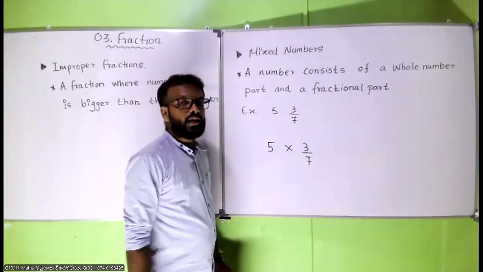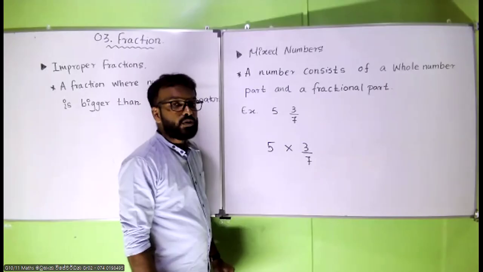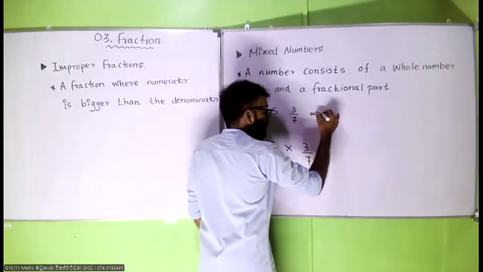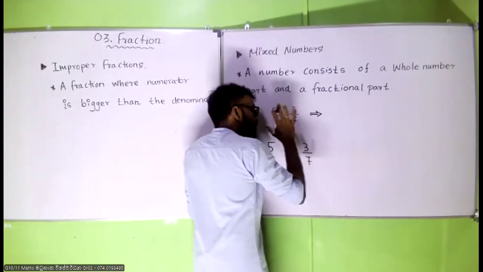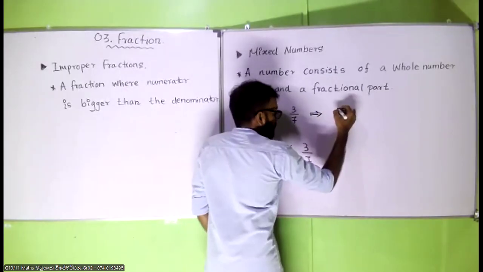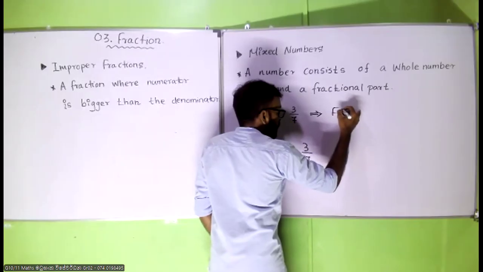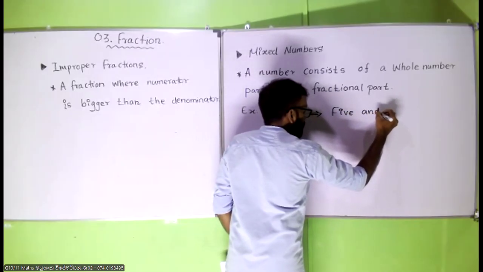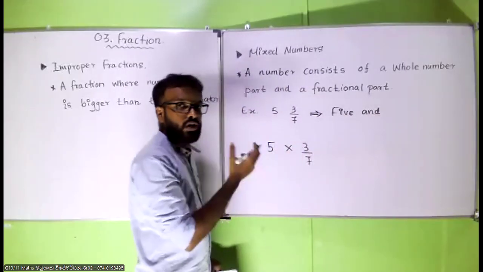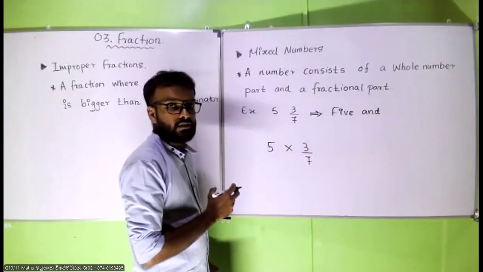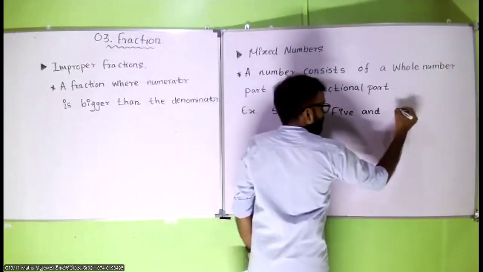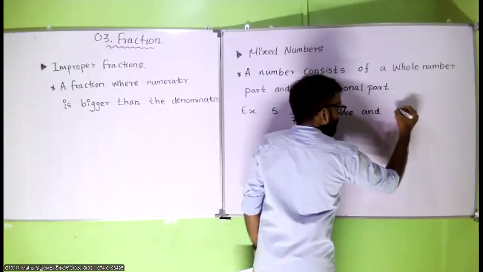You cannot find anything like that. So when you are reading this one, you need to sound like 5 and, this is the word that you are going to connect your whole number and the fraction. 5 and 3/7.